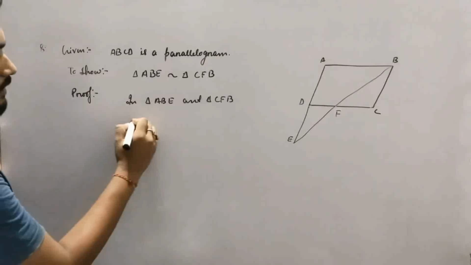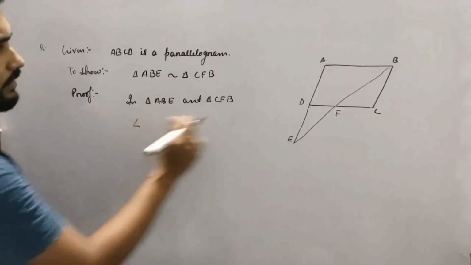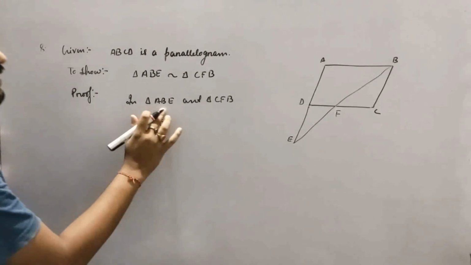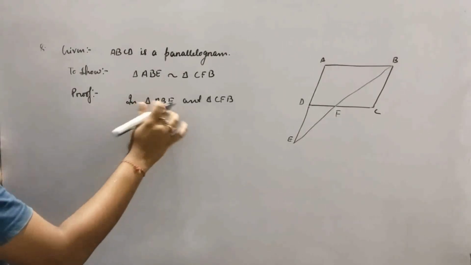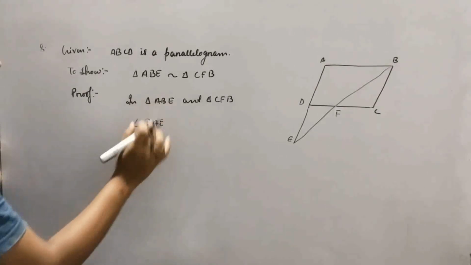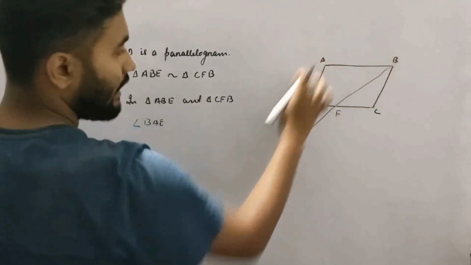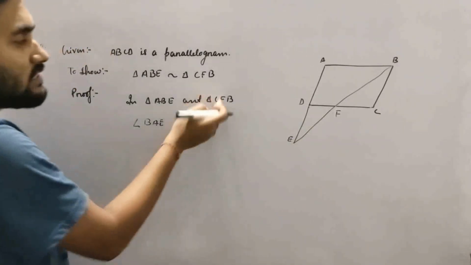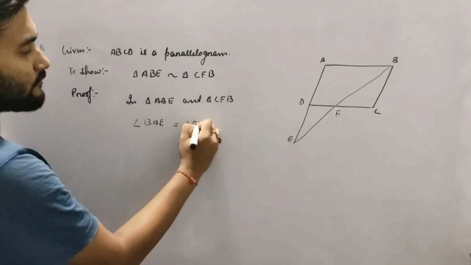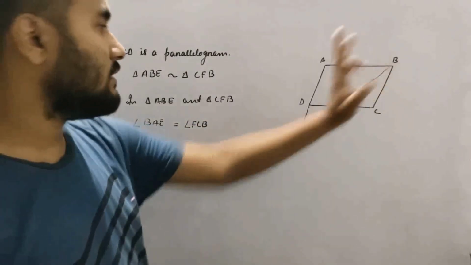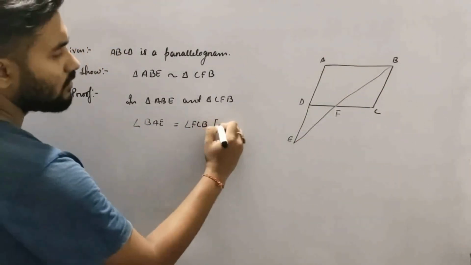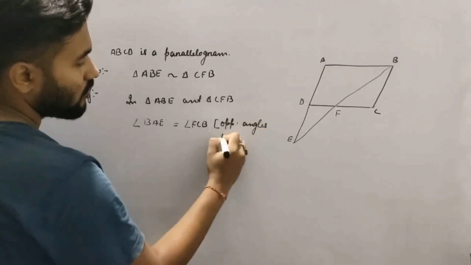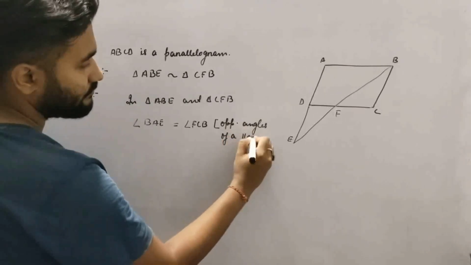So we can say that angle DAE, just make this a vertex, put this A in the middle, that will become angle BAE, will be equal to angle, put C in the middle, angle FCB. Simple: opposite angles of a parallelogram.